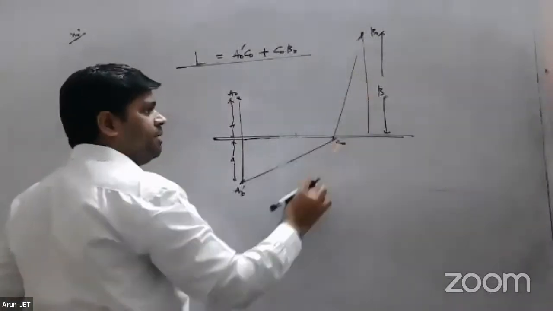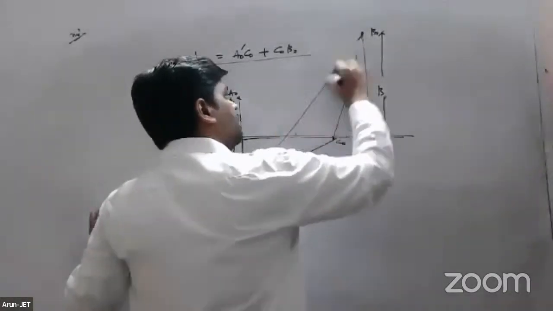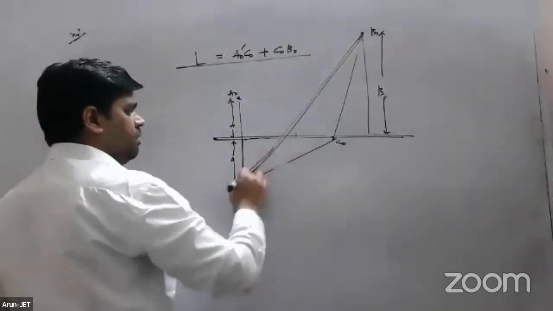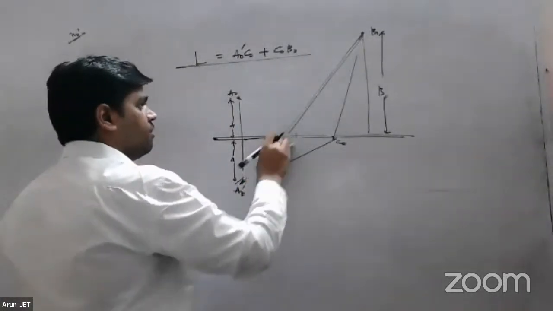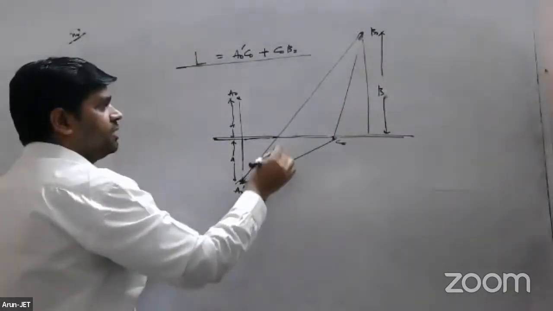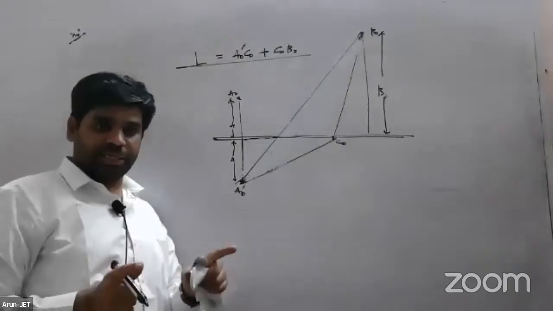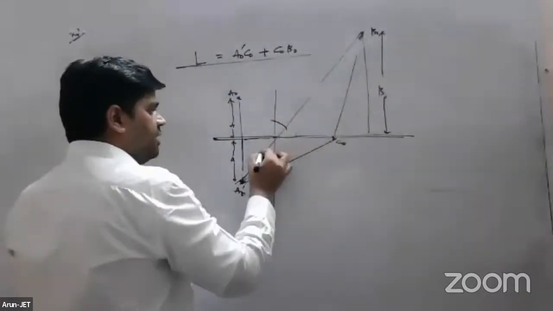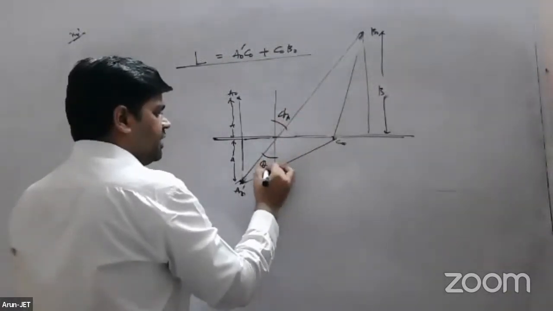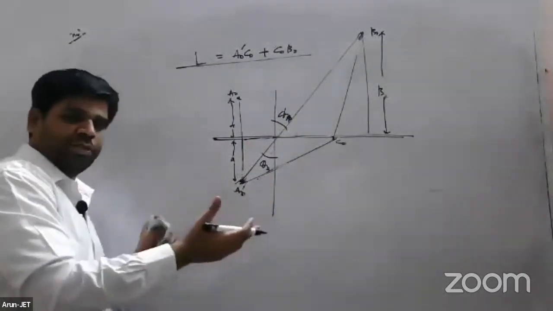That means if I wipe this out, when will this plus this become minimum? When I directly join these 2 points. Distance between 2 points is minimum when I directly join them. Is this clear? Yes, sir. That means if I draw a vertical here, this angle is equal to this angle. This was theta A, this was theta B. They are vertically opposite angles, so theta A is equal to theta B. I could conclude that without calculus.